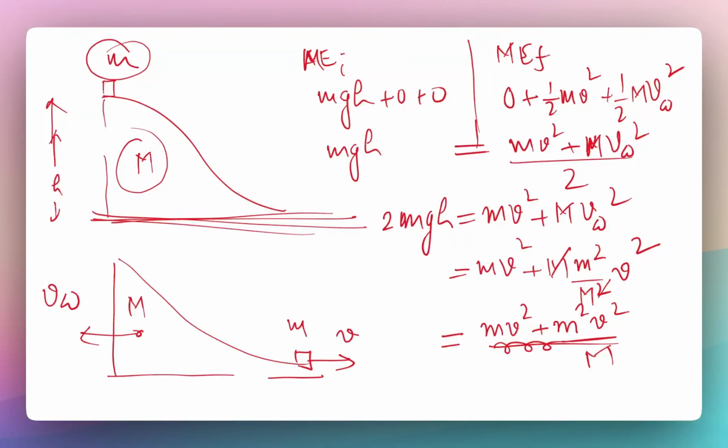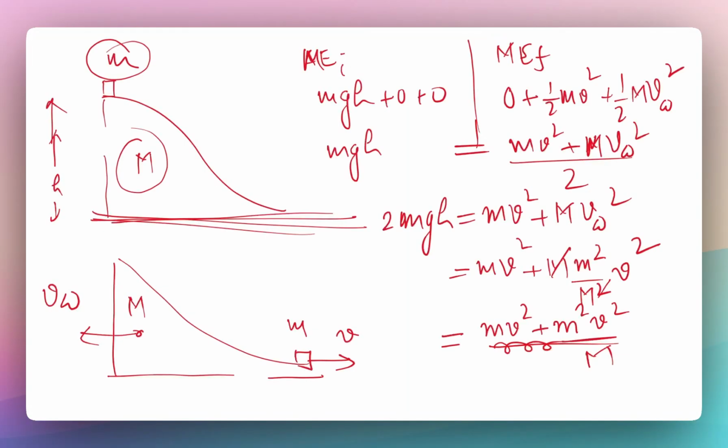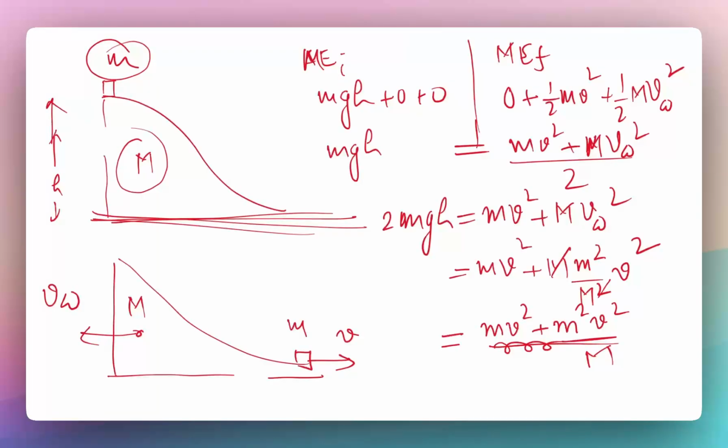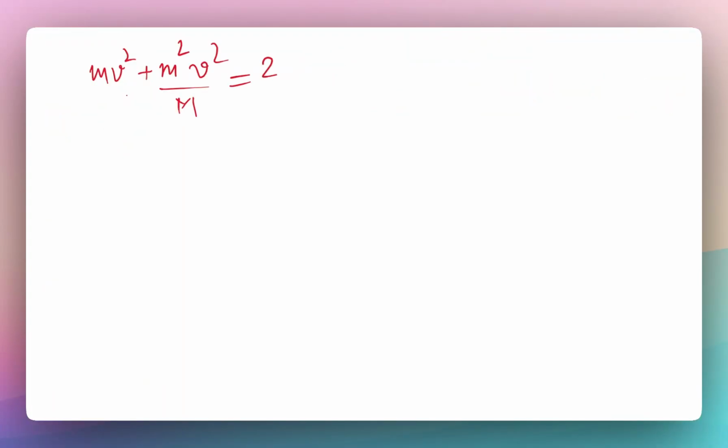Let me write it down again very clearly. So this is m v square, then m square v square divided by capital M, and on the right hand side we have 2gh.